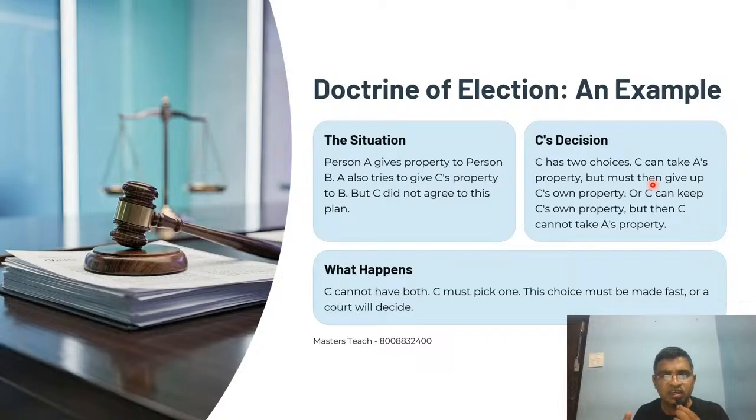C can take A's property, but must then give up C's own property, or C can keep C's own property, but then C cannot take A's property. So C cannot have both. C must pick one. The choice must be made fast, or the court will decide. This is the doctrine of election.